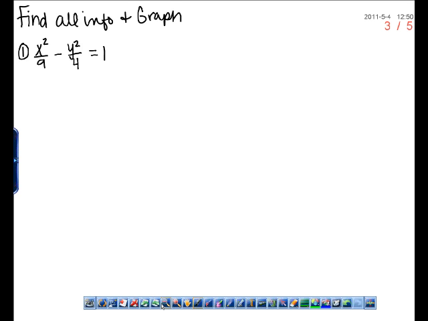Okay, so first thing I want us to do is decide, is this a horizontal hyperbola or a vertical hyperbola? Horizontal. How do we know? X comes first. This is a horizontal hyperbola because X is listed first. Okay?